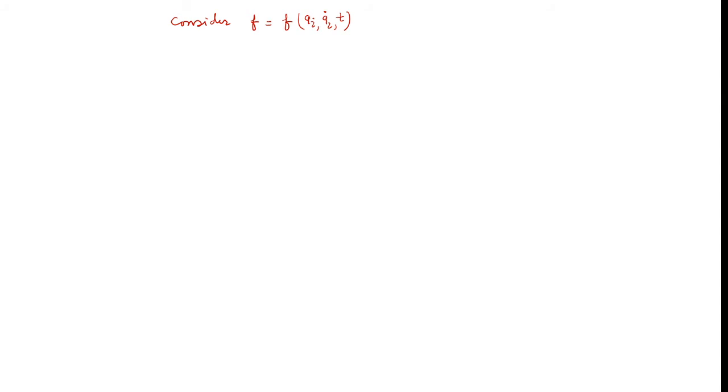Then I'll establish a relation between the two deltas, right? Delta qi I have proved to be qi dot delta t plus delta qi, and this was numbered as 2.